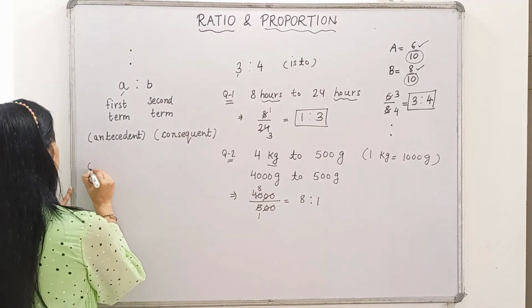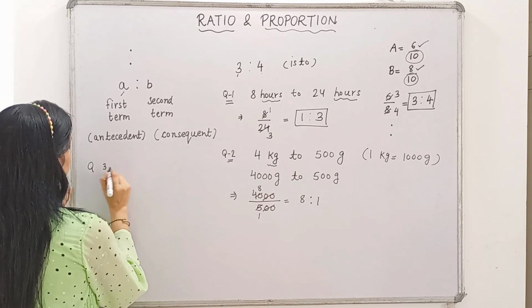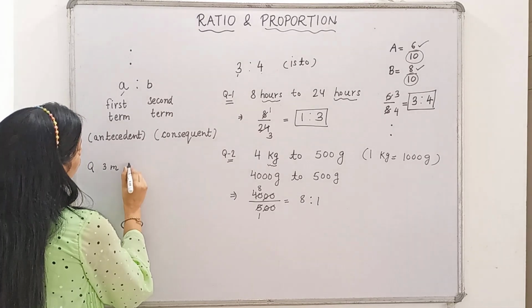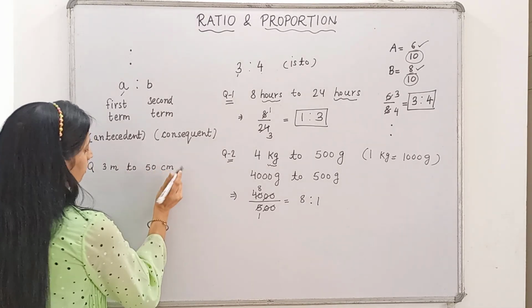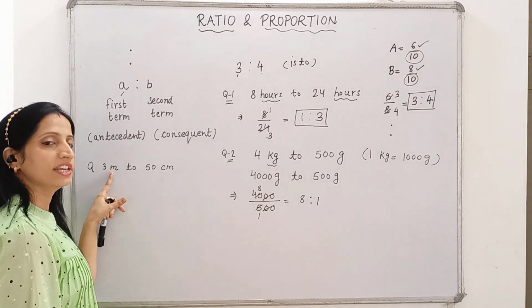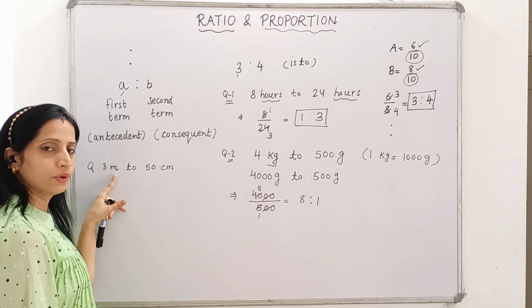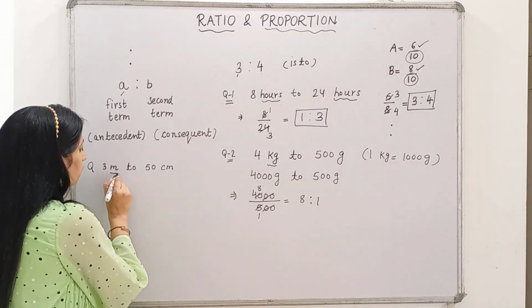I am writing here: 3 meter to 50 centimeter. Now, how many centimeters are there in 1 meter? 1 meter is equal to 100 centimeter. So, again, why are we converting this?